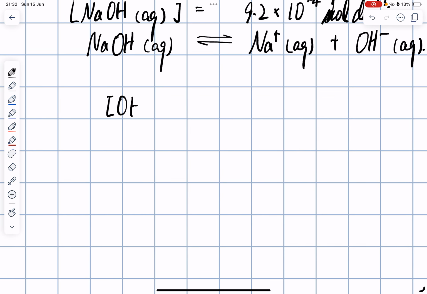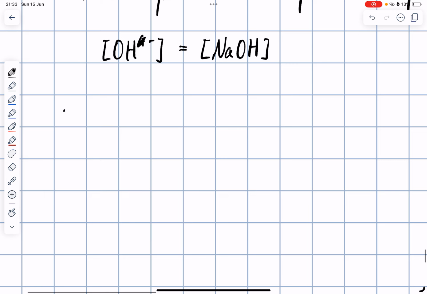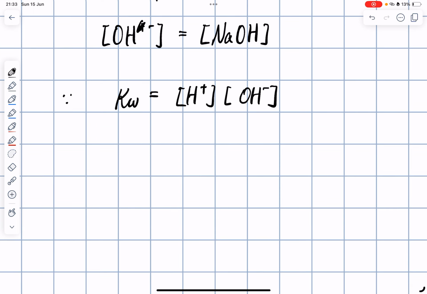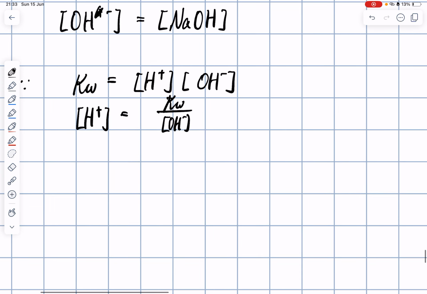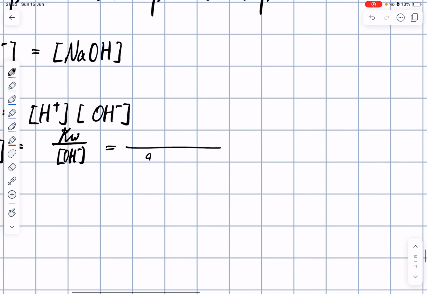So we know the concentration of hydroxide ion equals to concentration of sodium hydroxide. However, since Kw equals to concentration of H plus times concentration of OH minus, we can say that concentration of H plus equals to Kw over concentration of hydroxide ion. I think all of us know that Kw equals to 1.0 times 10 to the power of -14.